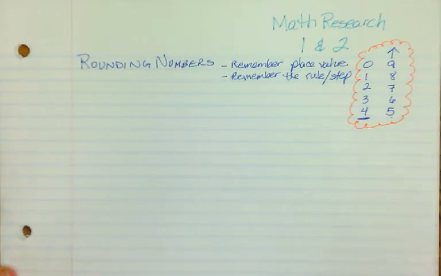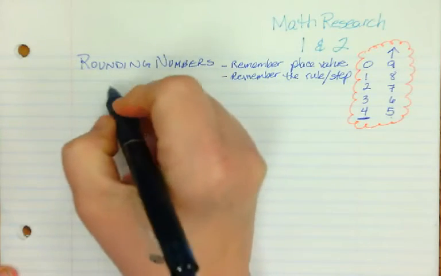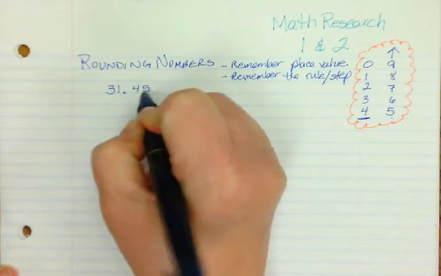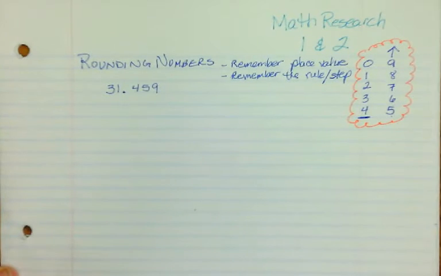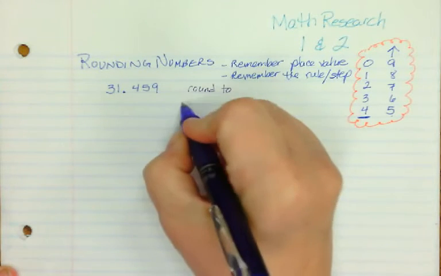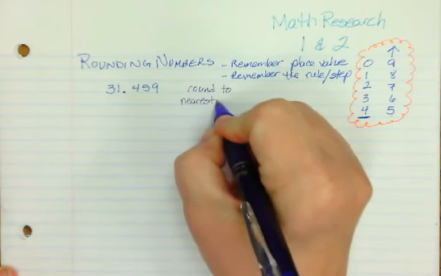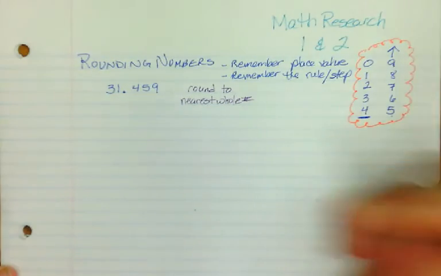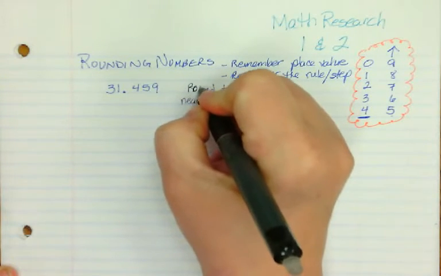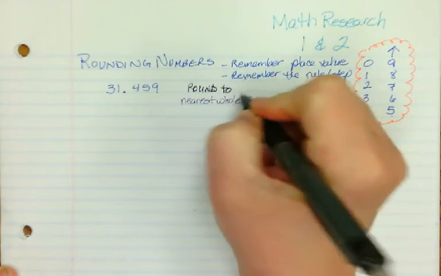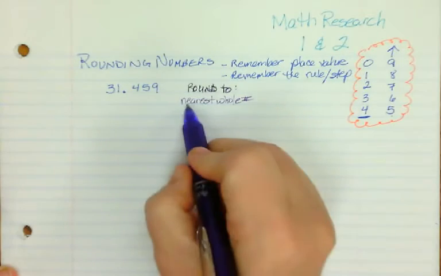I'm just going to do a couple of examples. So if I'm going to use the number 31 and 459 thousandths, let's round to the nearest whole number. Okay, I'm going to use black here to change this. Round to, and then in purple, the nearest whole number.